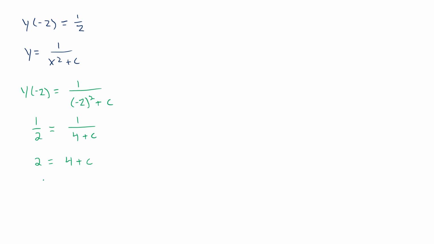And so then c will equal -2. So now that I know that c equals -2, I can rewrite my general solution. So that would get me y equals 1/(x² minus 2). Okay, and this now is my unique solution or my particular solution.